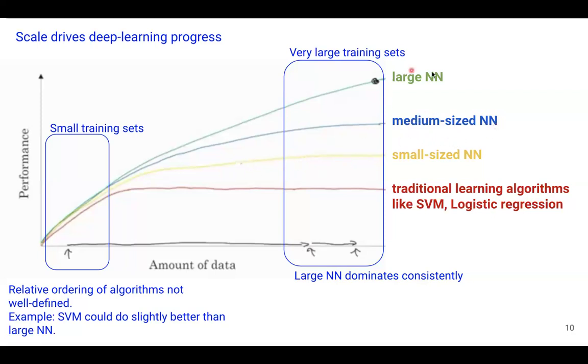Same for medium-sized, and for the large neural network, the performance seems to keep increasing with the amount of data. So when you have a huge amount of data, it is probably best to use a large neural network, assuming that you have the computing facility available to do that.